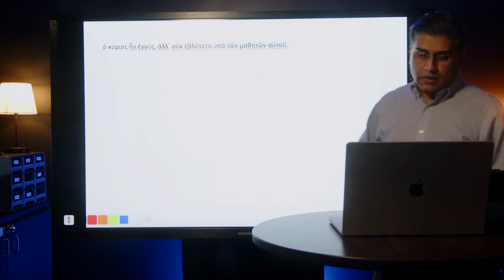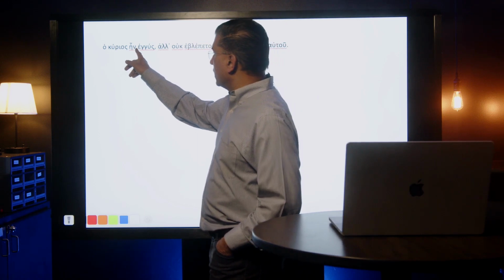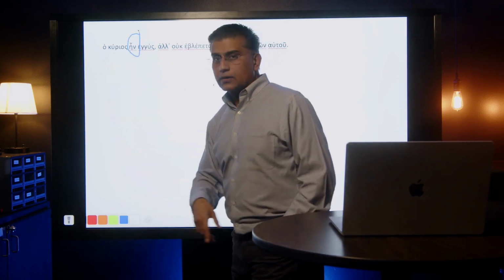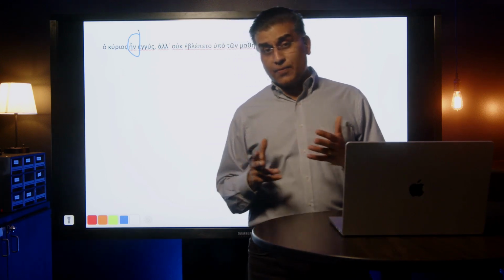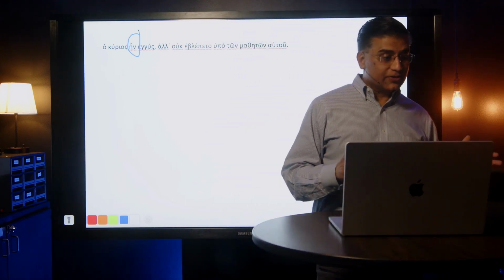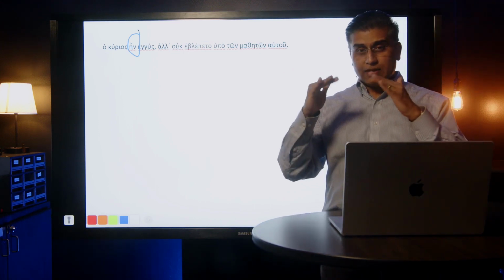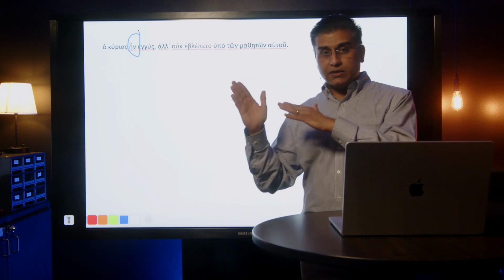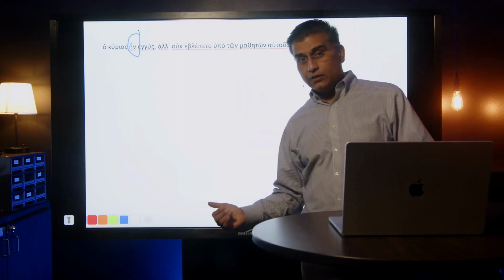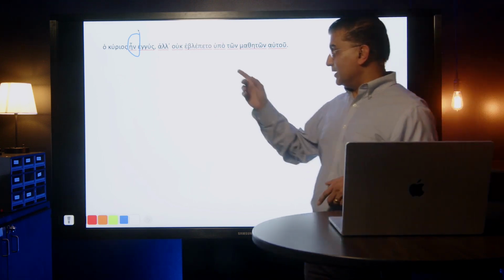Here it is. Ho kurios ēn engus. If you remember that imperfect of eimi: ēn, ēs, ēn, ēmen, ēte, ēsan. So this is your imperfect indicative happening here.